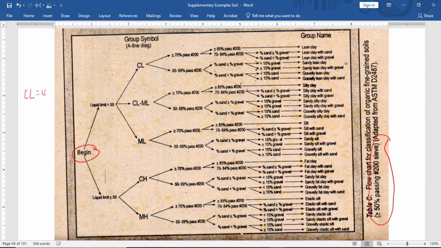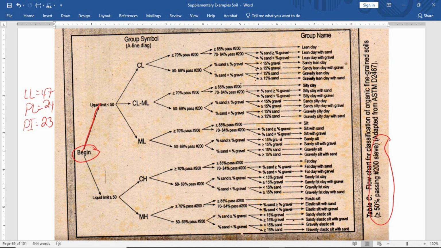LL is 47 and PL is 24 and ang PI natin is 23. So, liquid limit natin is lesser than 50, 47 kasi. Punta tayo dito.